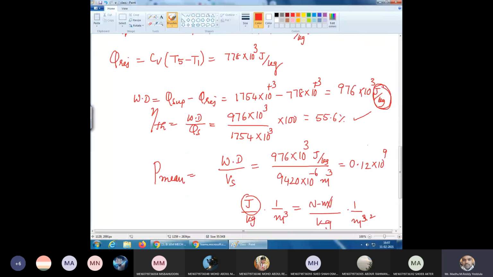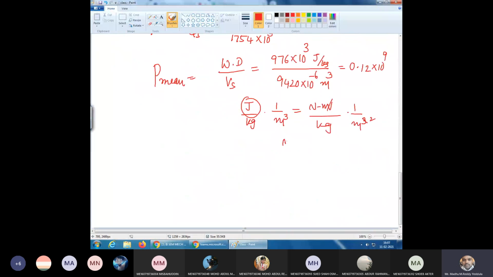By assuming mass is equal to 1 kg, you will get Newton per meter square, 0.12 into 10 power 9 Newton per meter square.